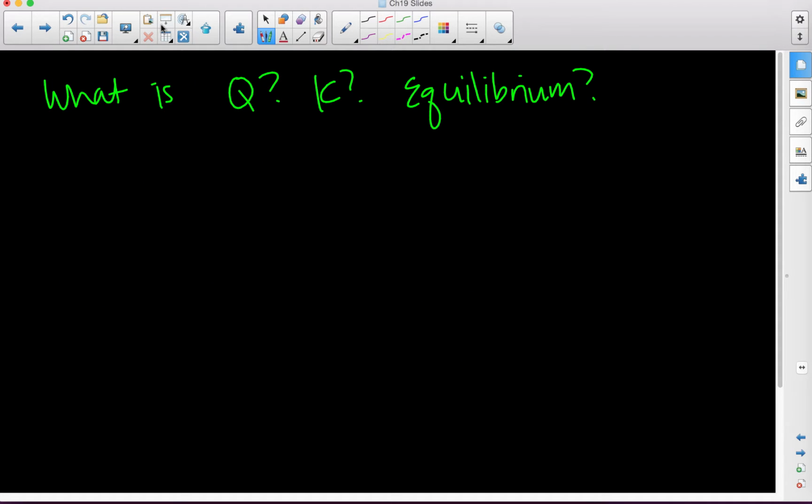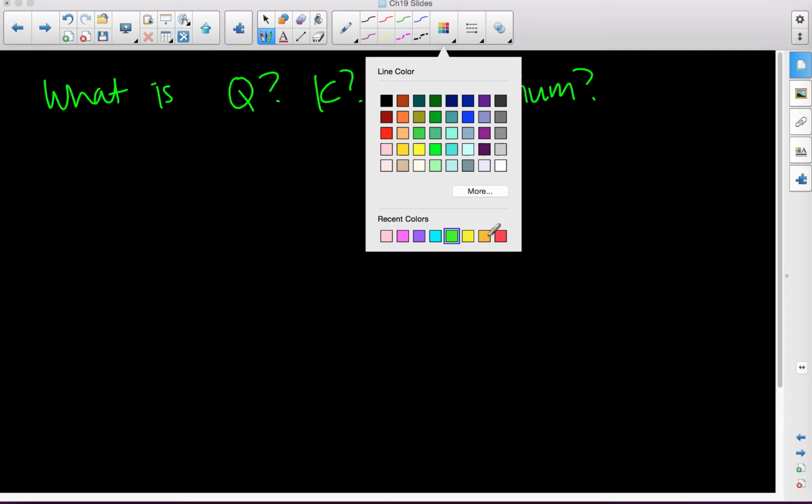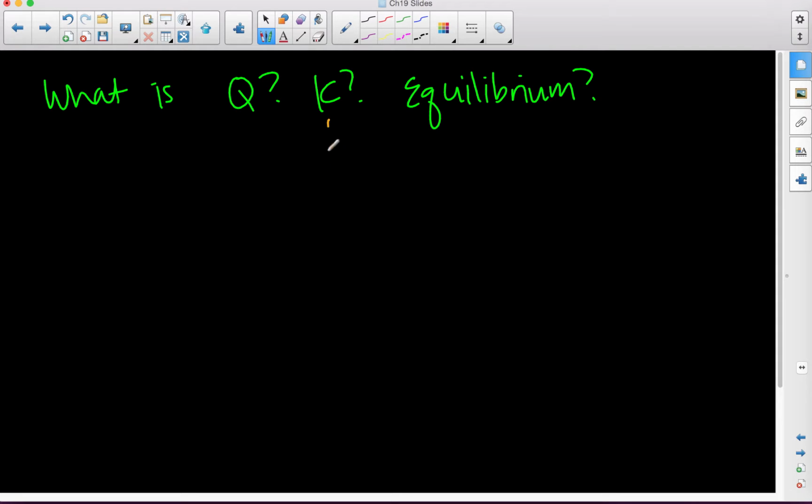Now, let's take a moment and talk about what equilibrium is. K, we already described as our equilibrium constant, and our equilibrium constant is based on the law of mass action.